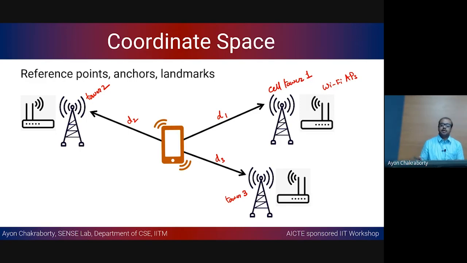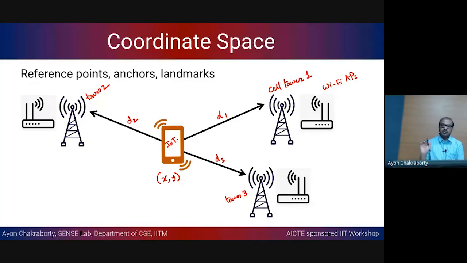So we can find out our relative position individually with each one of these access points or the cell towers, and then using that information it will be possible to figure out the location of my device, right, of my smartphone or an IoT device, right, whatever has this location technology enabled, where exactly they are located.